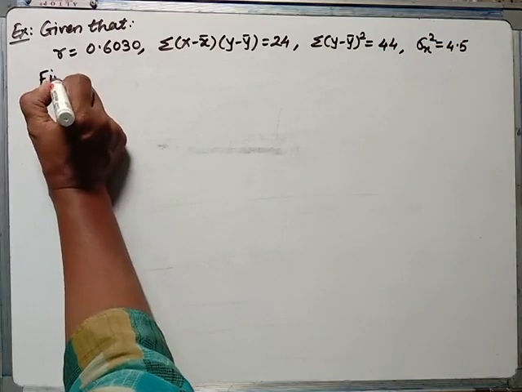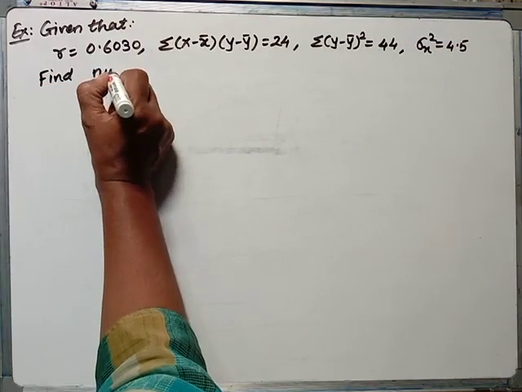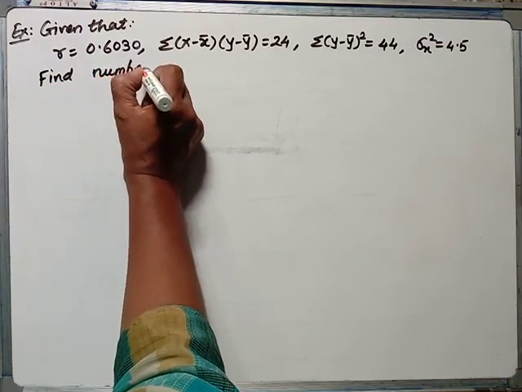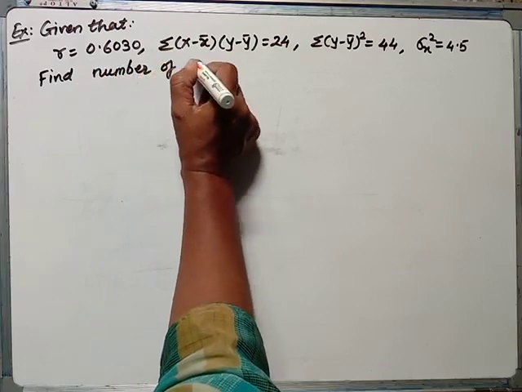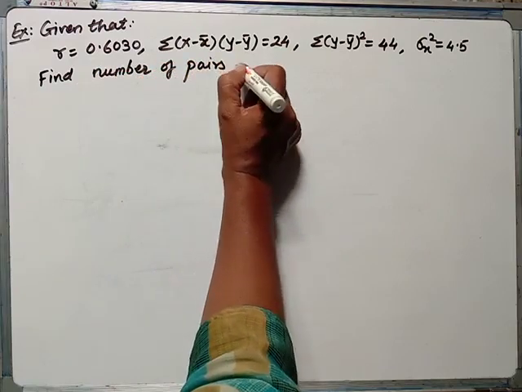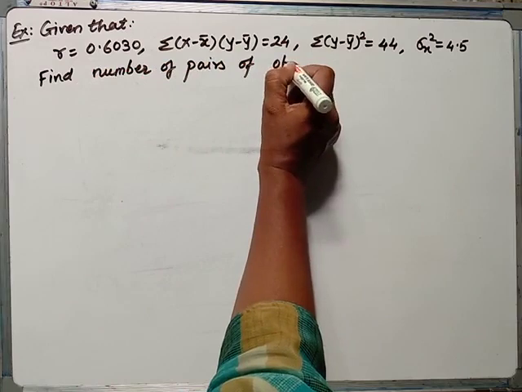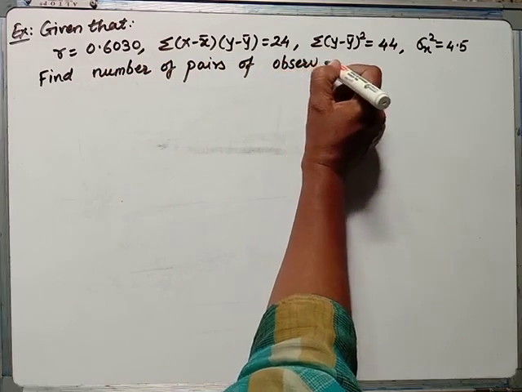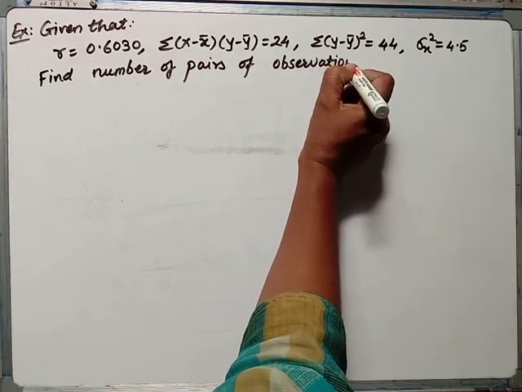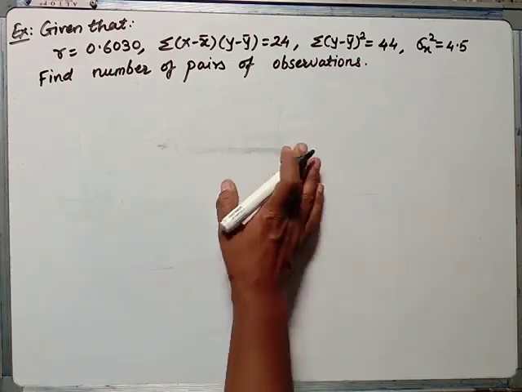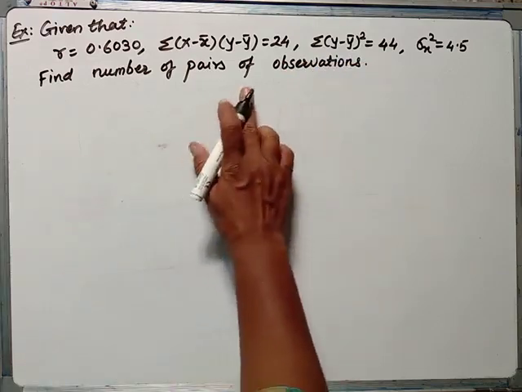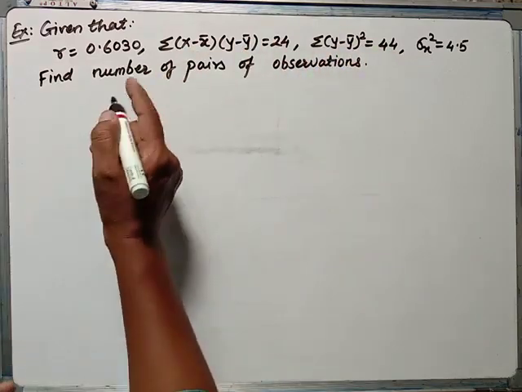Find the number of pairs of observations. Same type of question, then we have to find, but the given data is somehow different.